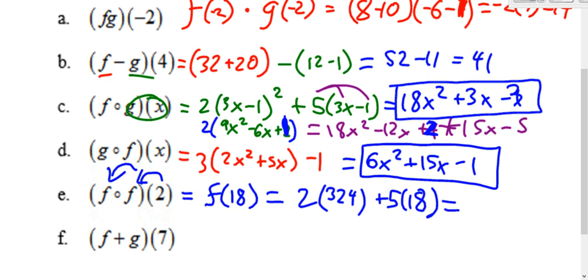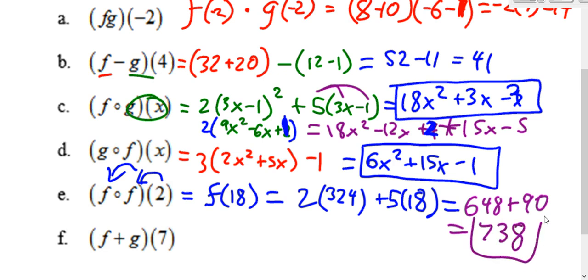Kind of big numbers. 648 plus 90. Add that up. You get 738. Whew. All right. When I mess up on 1 times 1, who knows?